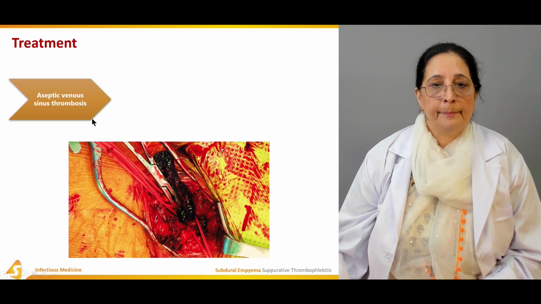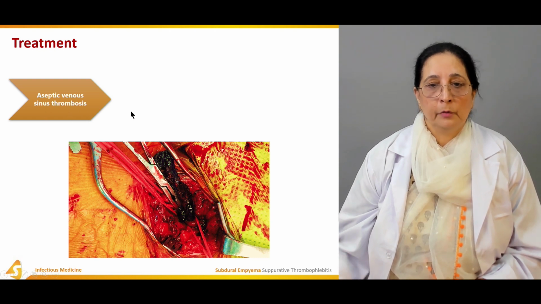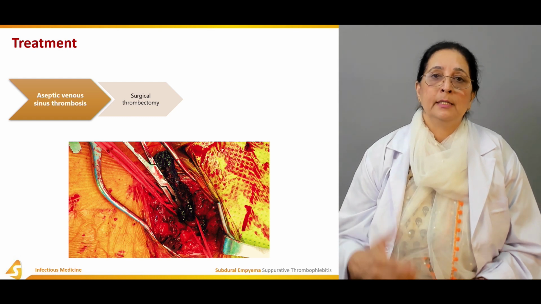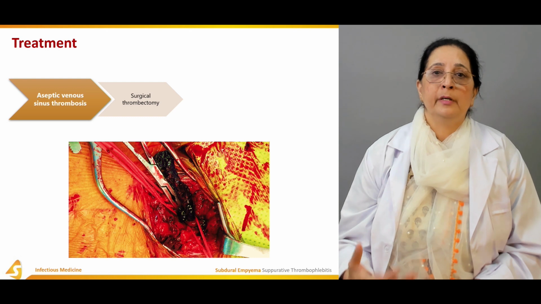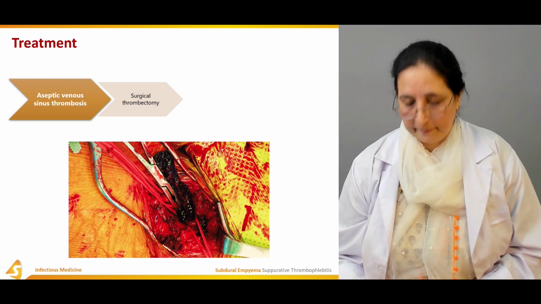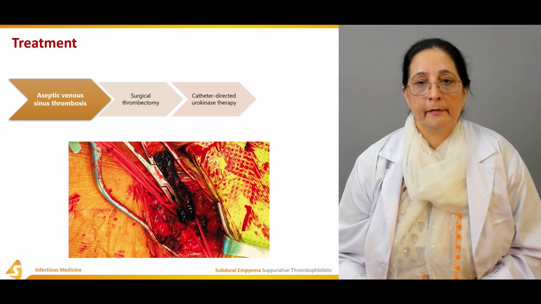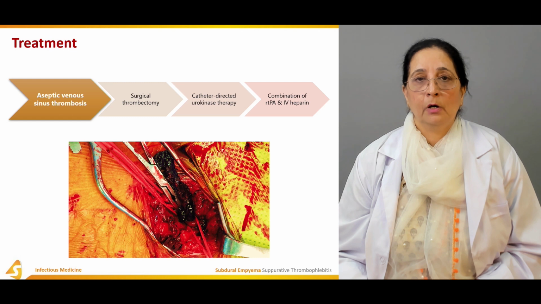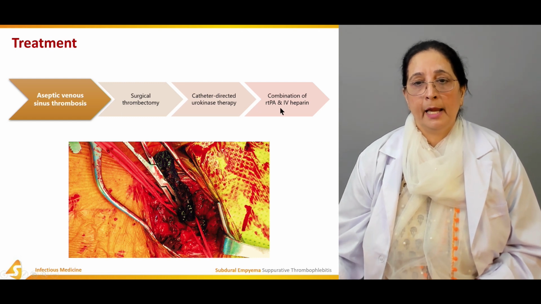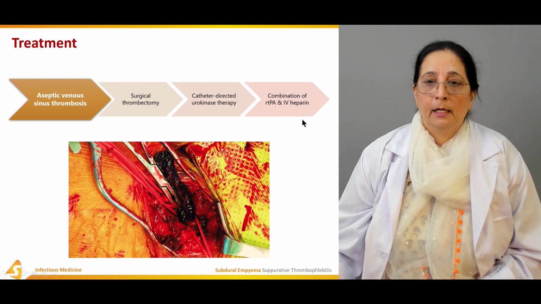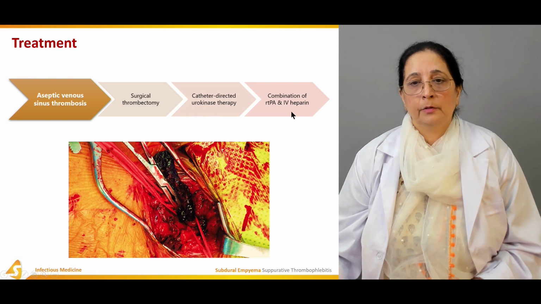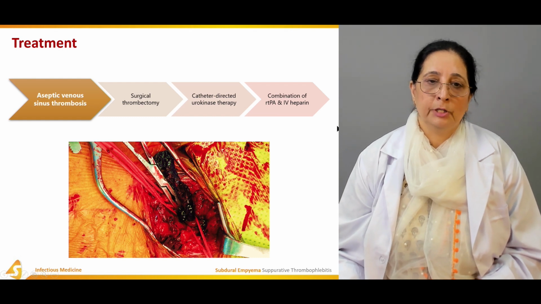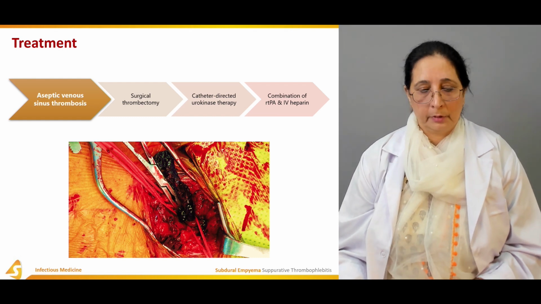Aseptic venous sinus thrombosis is treated by surgical thrombectomy, since the thrombus should be removed. Catheter-directed urokinase therapy, or a combination of tissue plasminogen activator (RT-PA) and intravenous heparin, is used for aseptic thrombosis.